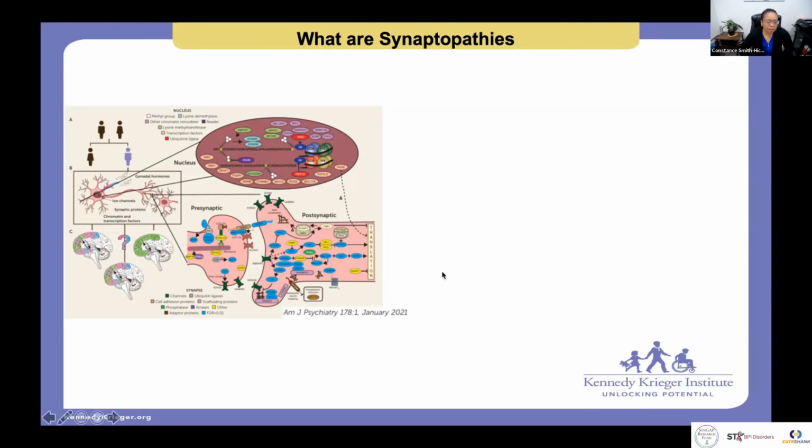So there's been a significant increase in the number of genes that have been linked to NDD, and currently there are thought to be over 2,000 genes that have been associated with neurodevelopmental disabilities. Many of them function at the level of the synapse, both presynaptic and postsynaptic.